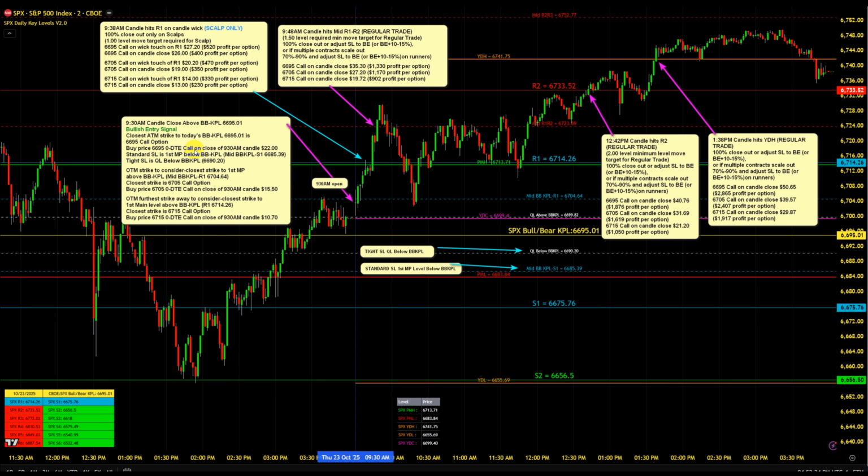So the buy price on this at the money call on the close of this 9:30 candle on the 2-minute chart, so that means it's closing at 9:32, was $22.